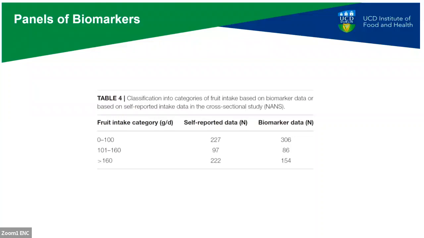We estimate using the biomarker data that people consume much less fruit than what they self-report. And again, up at the higher levels, we estimate that much fewer people consume higher amounts of fruit. We would expect that difference between the lower levels and the higher levels based on what we know about self-reported data.